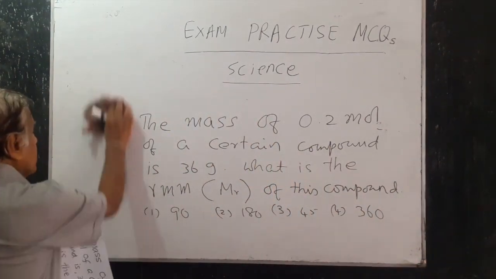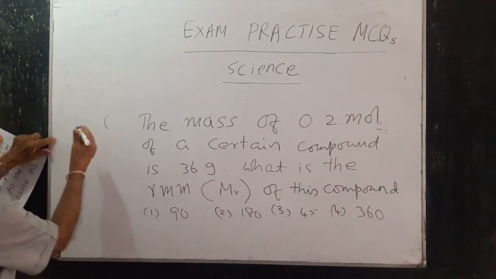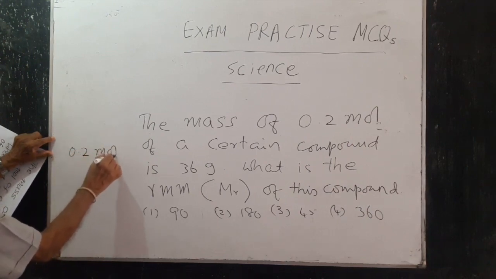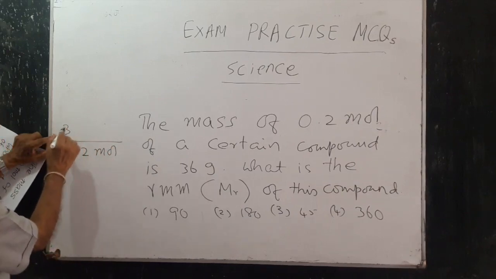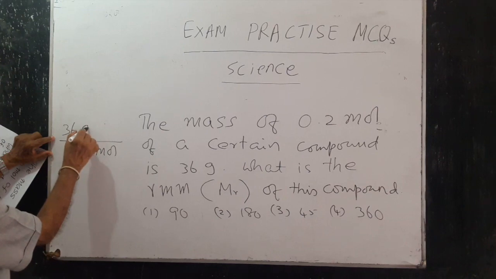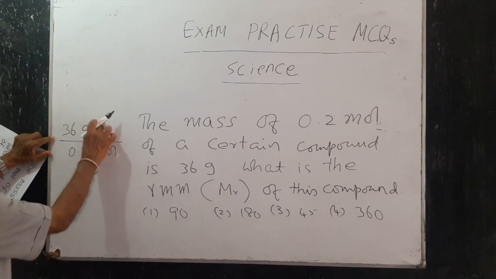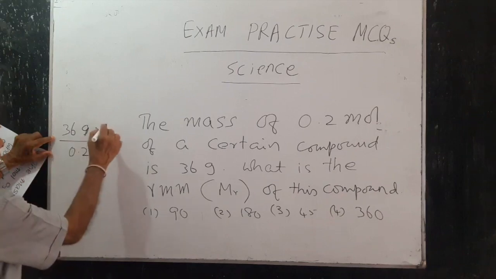Now you know that the mass of 0.2 moles of a compound is 36 grams. Now let us calculate the mass of 1 mole of that compound.